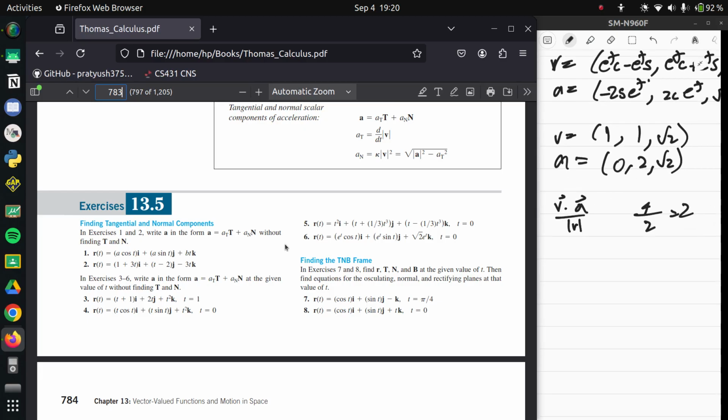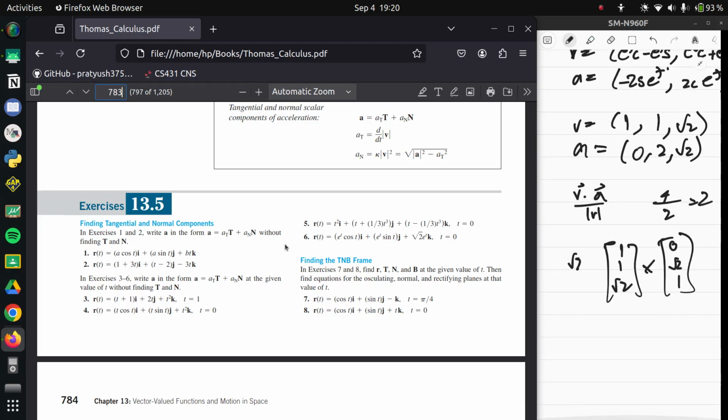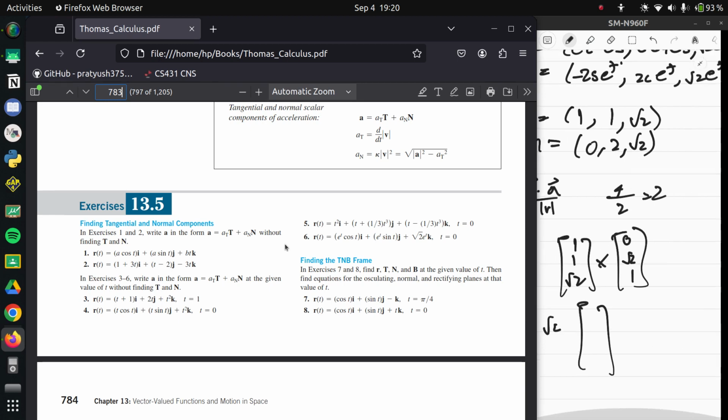I'll take v cross a, so it's 1, 1, square root of 2 crossed with 2 square root of 2, which you can think of as taking the square root outside, so it becomes 0, square root 2, 1. So this is square root 2 times, what is this stuff? It's 1 minus 2 is minus 1, then 0 minus 1 is minus 1, and then square root 2.